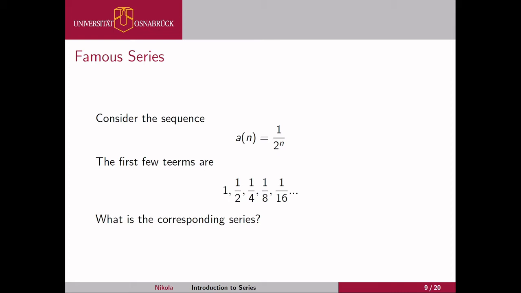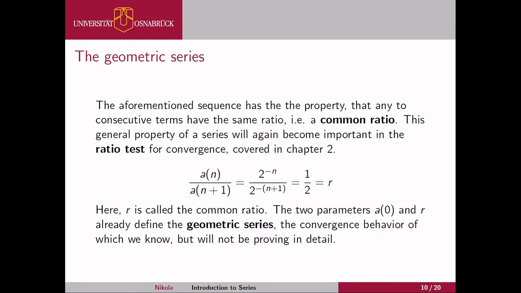Now let's look at our sequence. We get a couple of terms here on the slide, and you can see it's just the reciprocal values of the powers of 2. So we get the next term by halving the previous one. And now naturally the question arises, okay, we have a sequence here. What is the corresponding series?